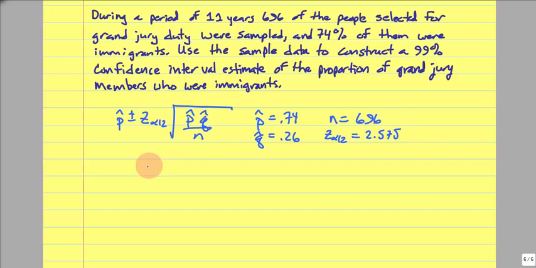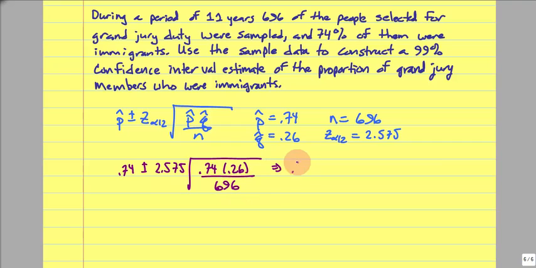So now I go ahead and populate this. P hat is 0.74 plus or minus 2.575 times the square root of 0.74, 0.26 is my q hat, and then n is equal to 696. Okay, so my point estimate is 0.74. And then let's go ahead and calculate our margin of error.